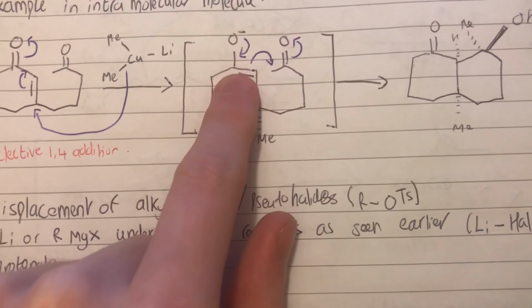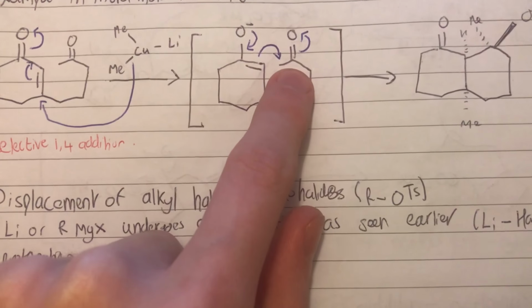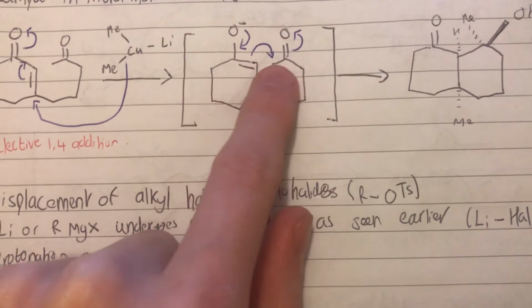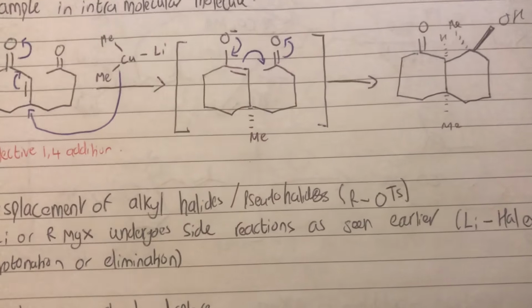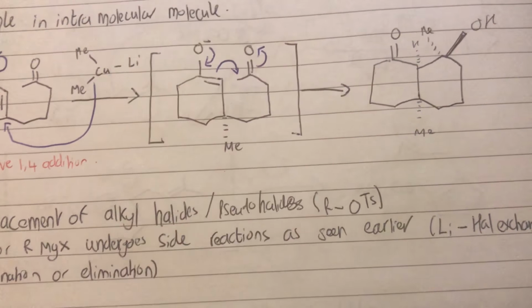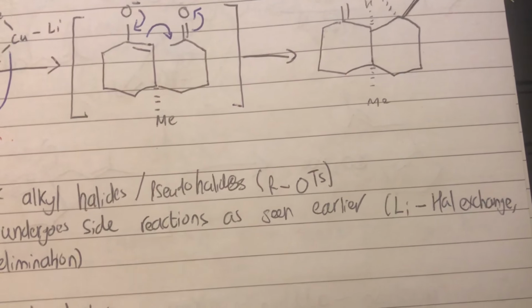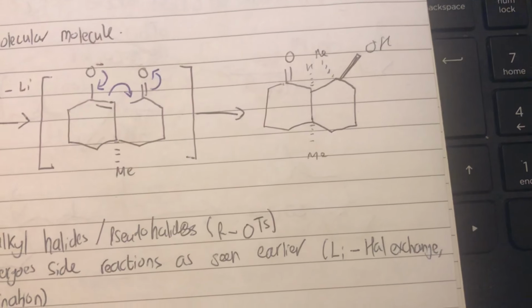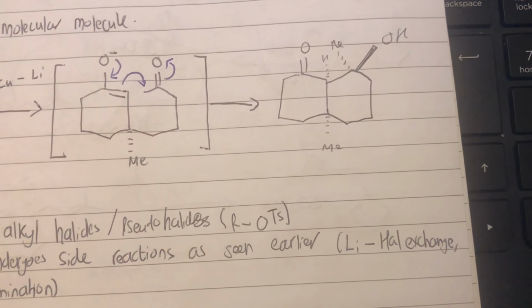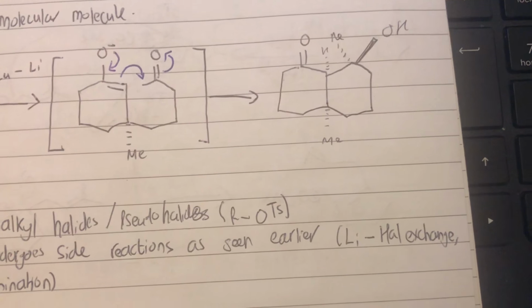The minus charge can come down, and the double bond can come across to form another bond here, which connects the two together. And then the O can move up there as well. And then once that's happened, we've got our product. The methyl and the H on the same side here.